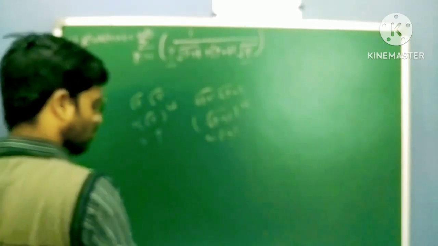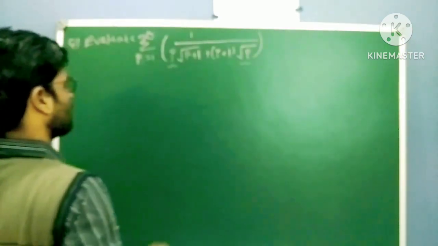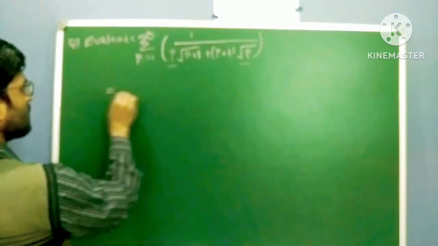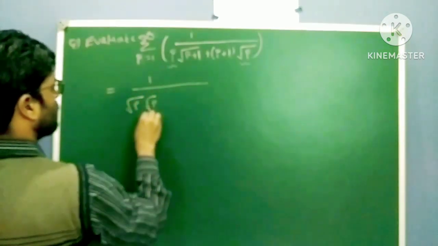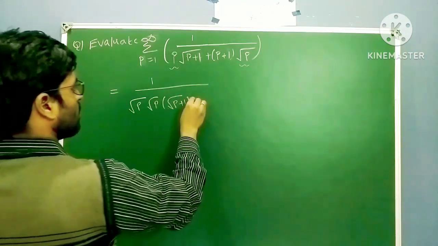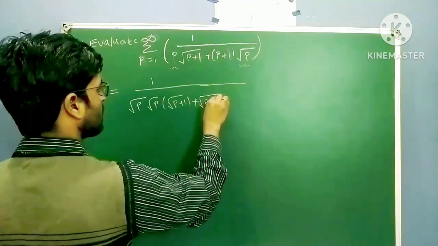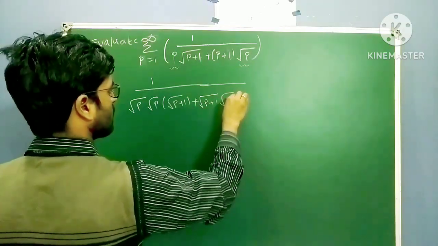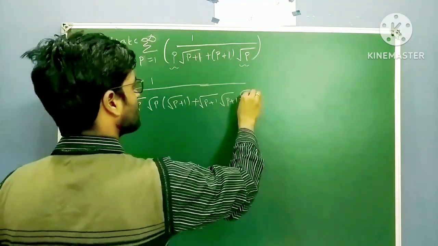So I can write p and p plus 1 as 1 by root p into root p plus 1, plus, in place of p plus 1, root p plus 1 into root p. Okay, so I modified this expression like this. This is the first step.